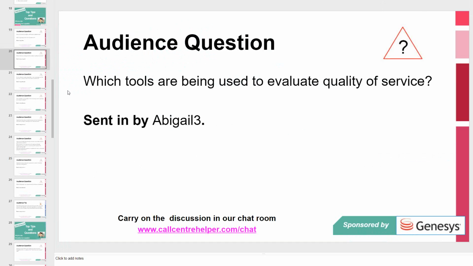So that's the most common type of tools being used today. But certainly, as we're discussing today, interaction analytics can also be used to evaluate quality of service, and its use is definitely increasing quite rapidly these days.